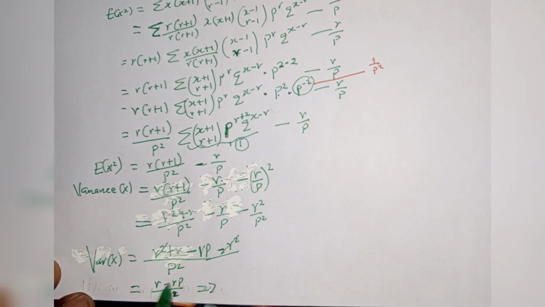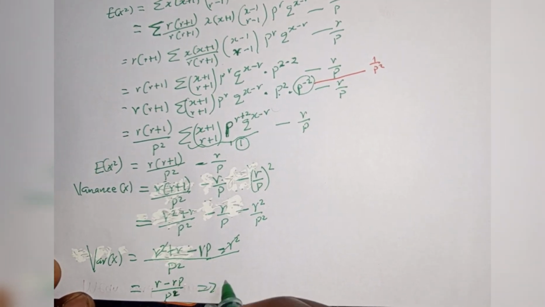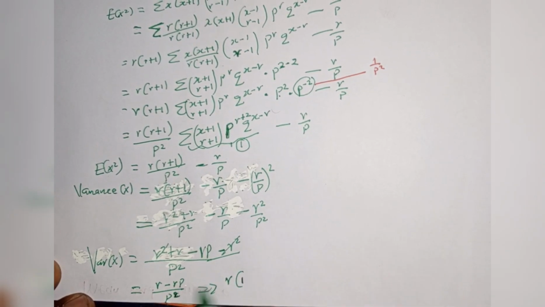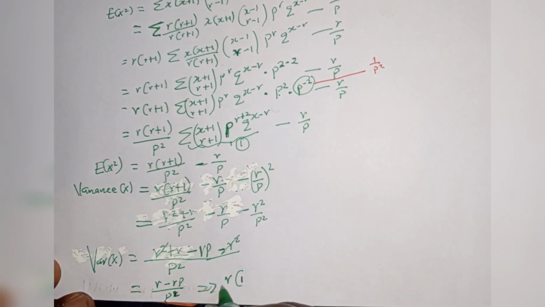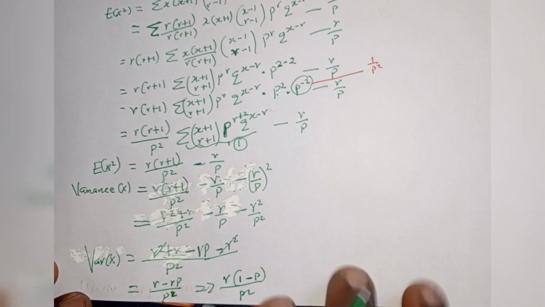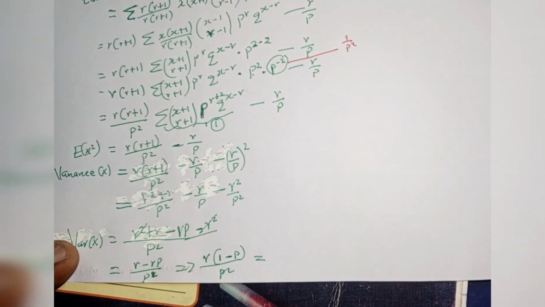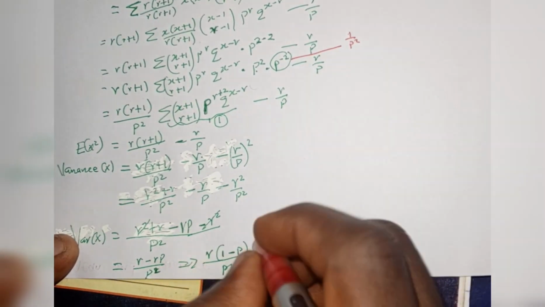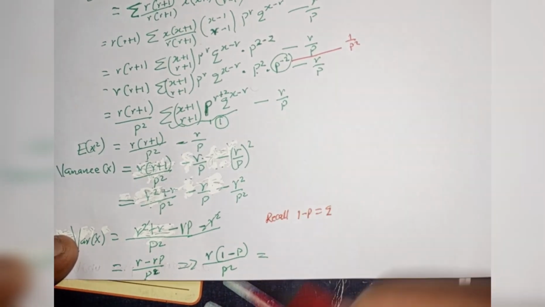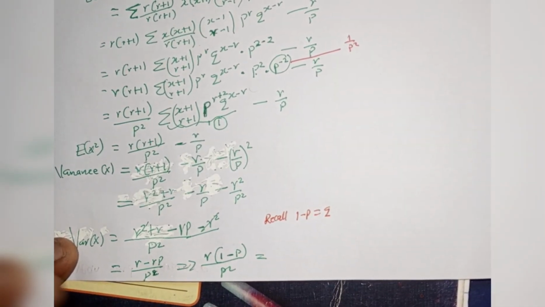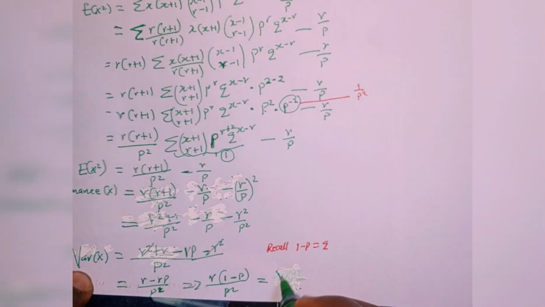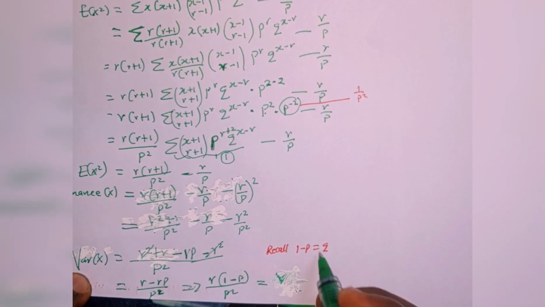So we notice that r is common in the numerator, so we factor out r. Then r divided by r is 1, then rp divided by r is p, and everything all over p to the power of 2. Recall that 1 minus p is the same as q.